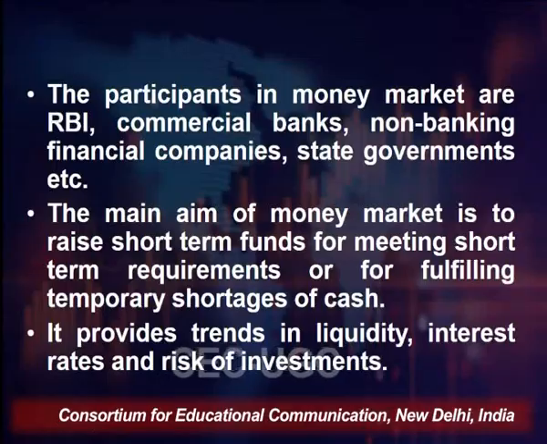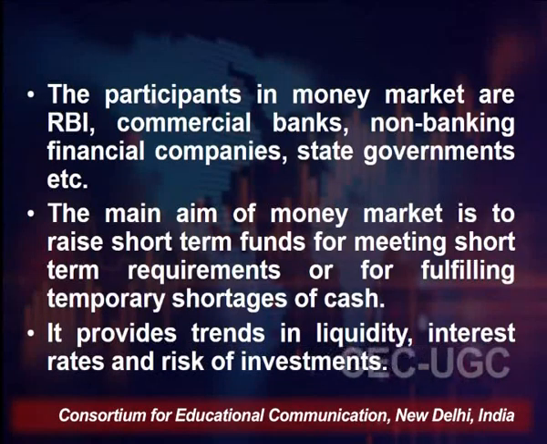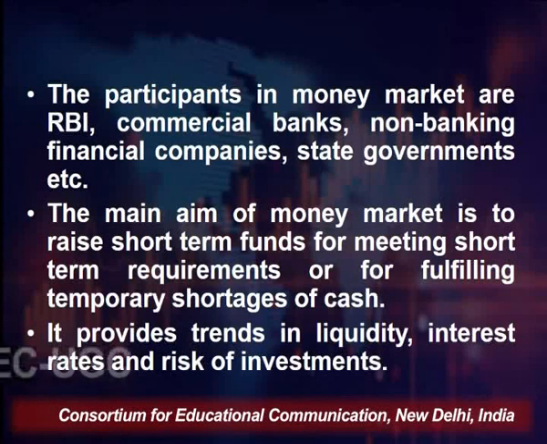The participants of the money market are the RBI, commercial banks, non-banking financial companies, state governments, etc. These commercial papers, commercial bills, and treasury bills are issued by them, and people who need money borrow from the banks and financial companies. These are the money market participants.